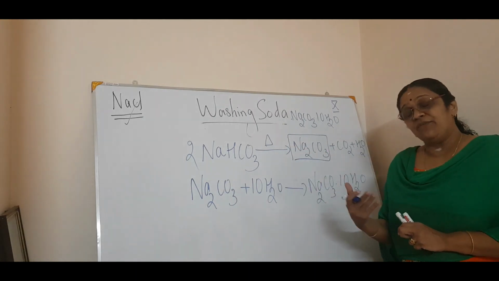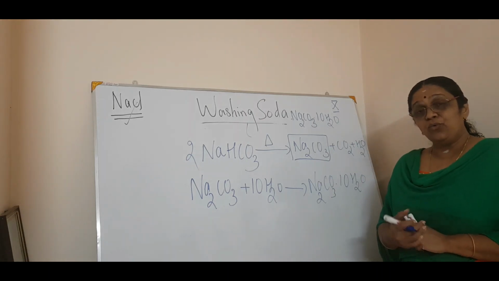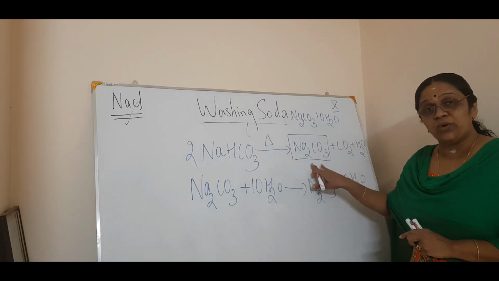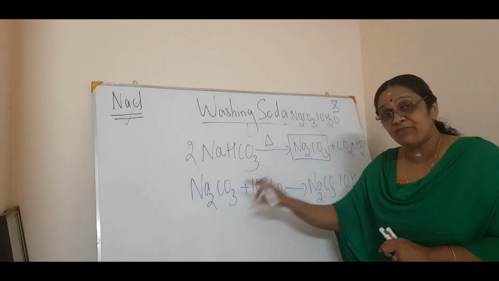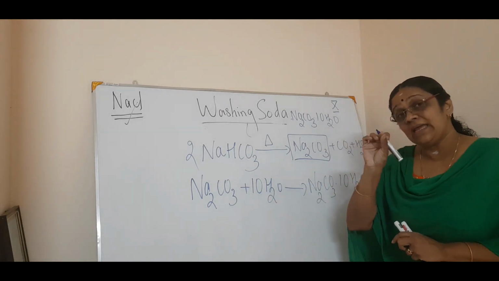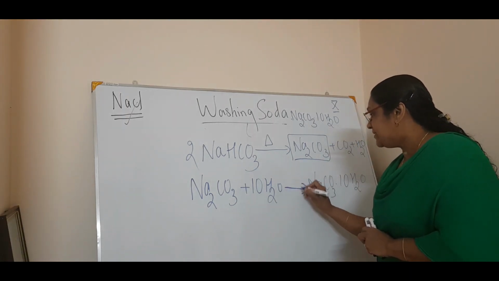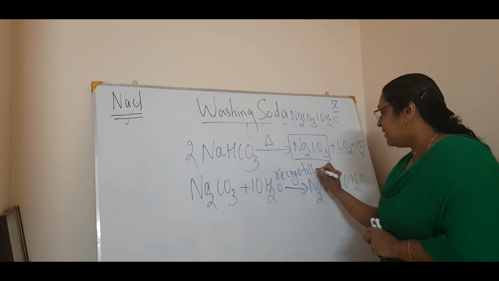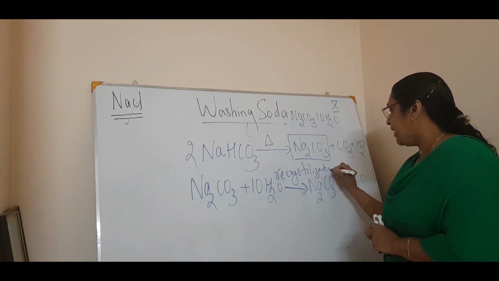Now how will you write the preparation if the question is asked? You have to write that by heating sodium bicarbonate you will get sodium carbonate, and then there is a value point: when this sodium carbonate undergoes recrystallization. So you can write recrystallization on the arrow.